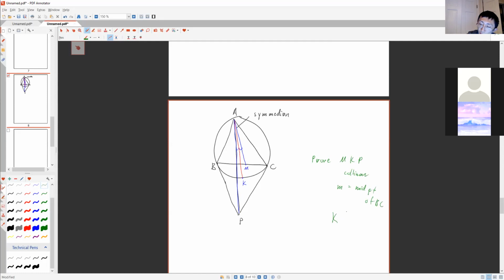Yeah, it's halfway, right? K is the midpoint of the smaller arc BC. And P is the intersection of the tangents at B and C to the circumcircle of ABC. So all three just lie on the perpendicular bisector of BC. This green line is the perpendicular bisector of BC. It passes through the center of the circle and all three of those points.